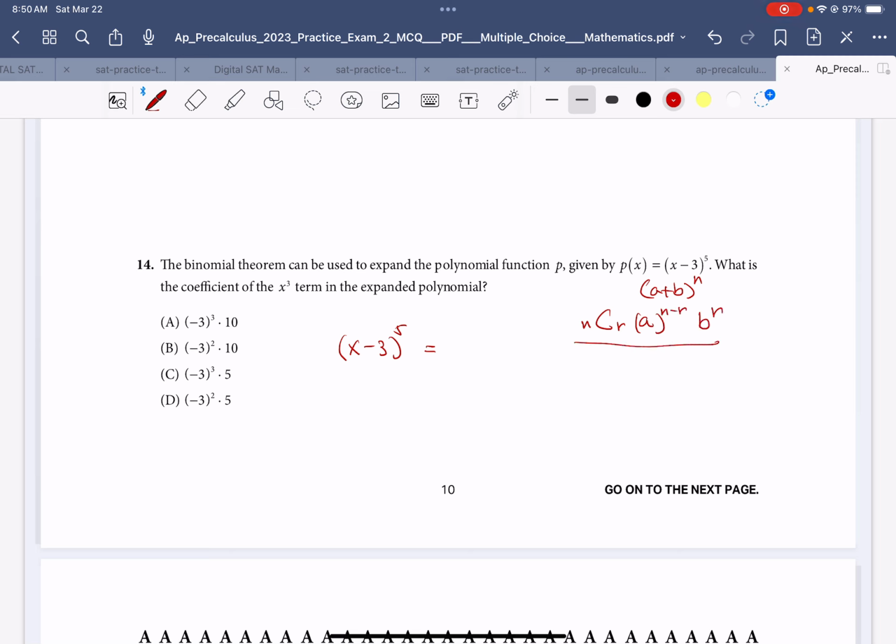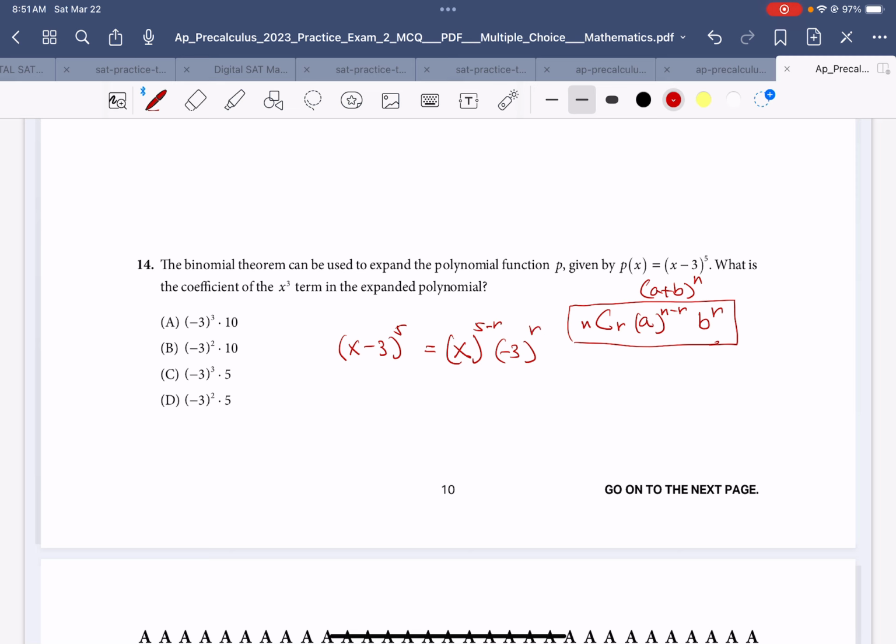So that's a specific term, the r-th term. My n is 5 here, so x to the 5 minus r, and then 3 to the r. You can set it up that way.